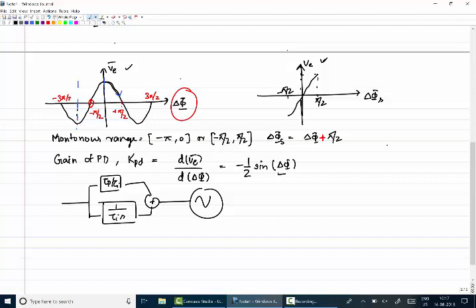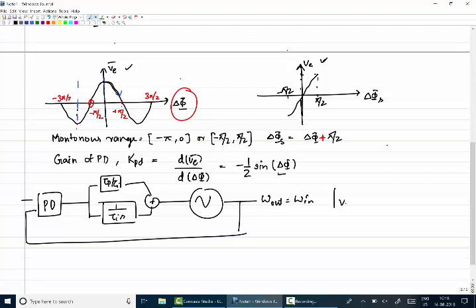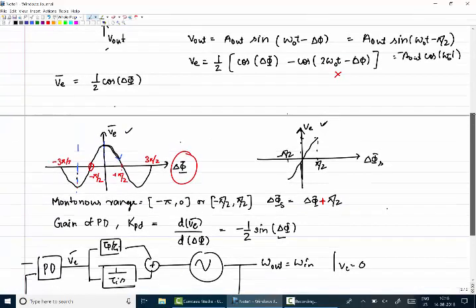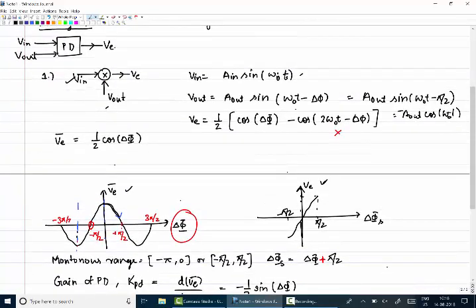Now what I want in the control in a steady state, if the free running frequency of the oscillator is the same as the input frequency, meaning omega out is equal to omega in for control voltage equal to 0, the phase error is also going to lock to a steady state phase error, meaning the error voltage here should be equal to 0. Which means this PLL should lock, if I am considering sine with a mixer based phase error detector, to a phase offset of pi by 2.